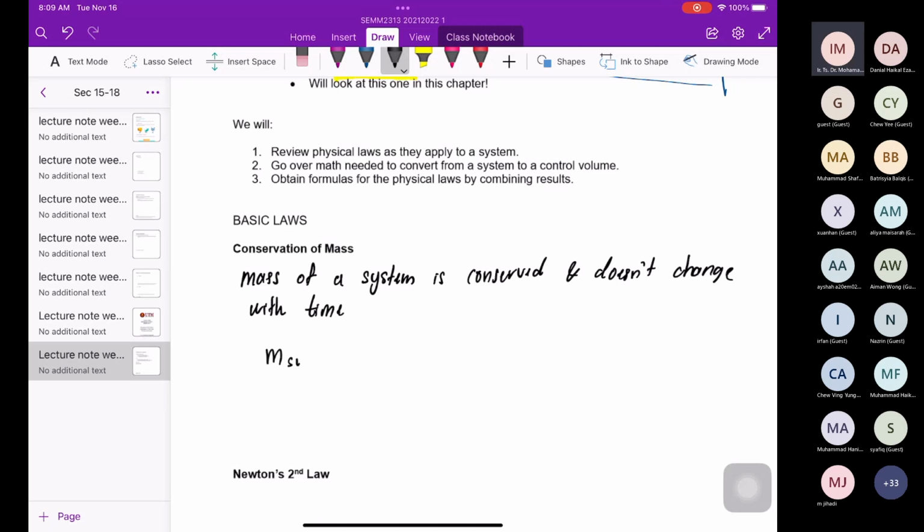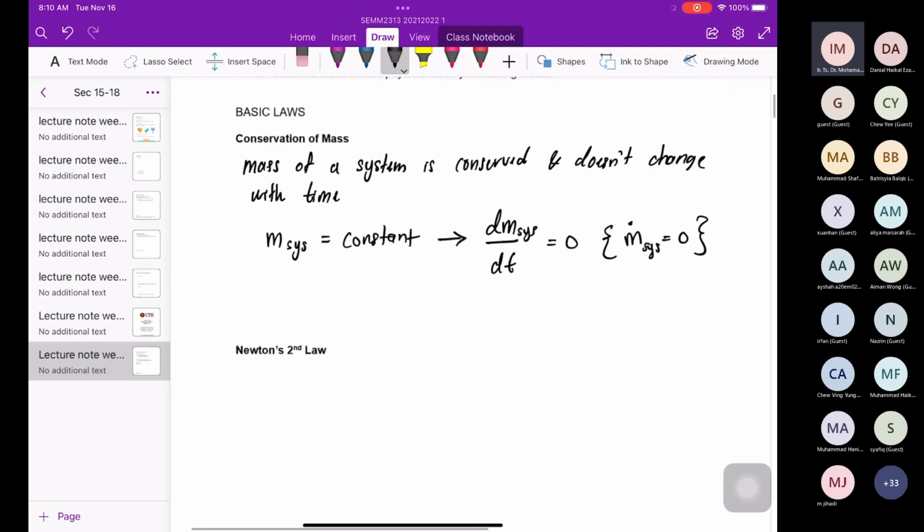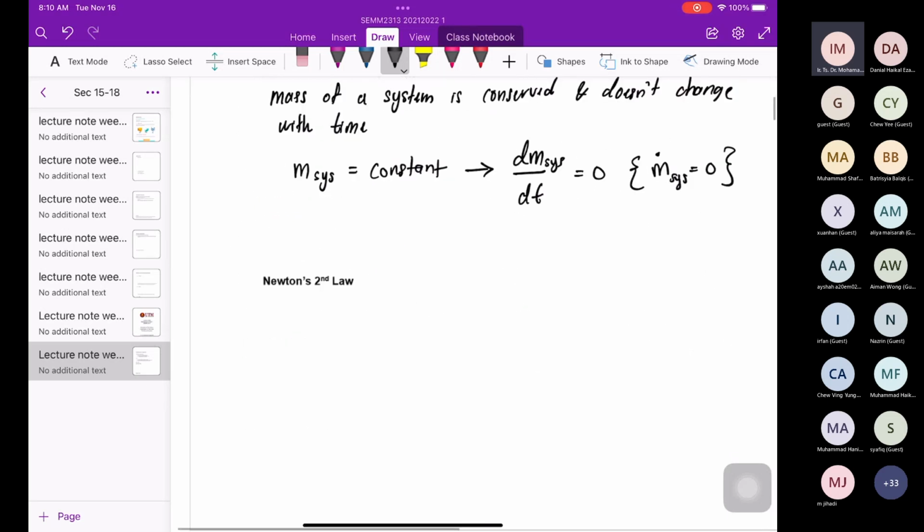So mass of the system is equal to constant. That means the change of mass of the system over dt equals 0. So this is m dot system equal to 0. So the dot represents the time derivative.